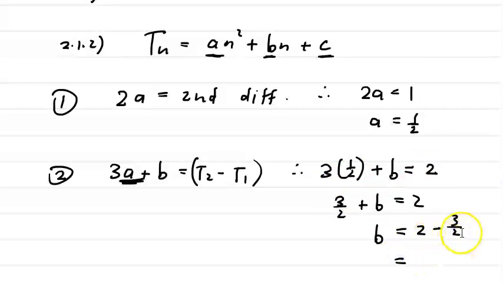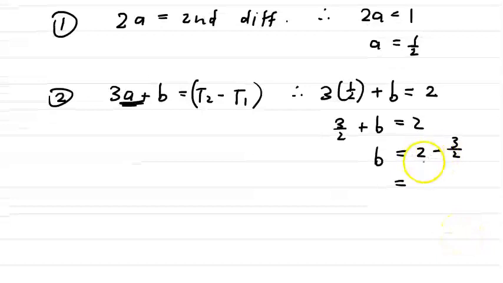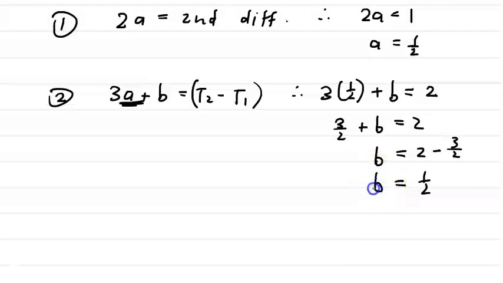And 2 minus 3 over 2 is 4 over 2 minus 3 over 2, which equals half. So we can conclude that b is equal to half. So what do we know so far? b is equal to half and a is equal to half, right?